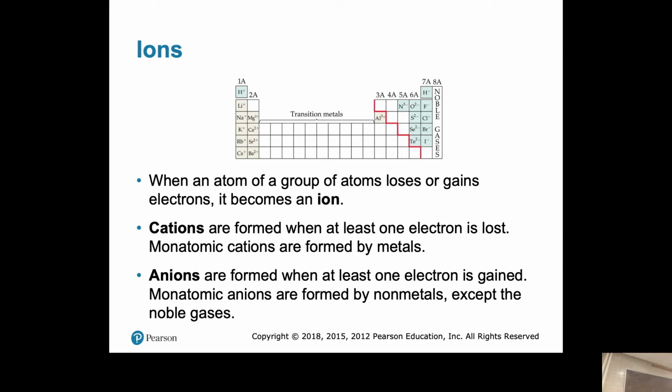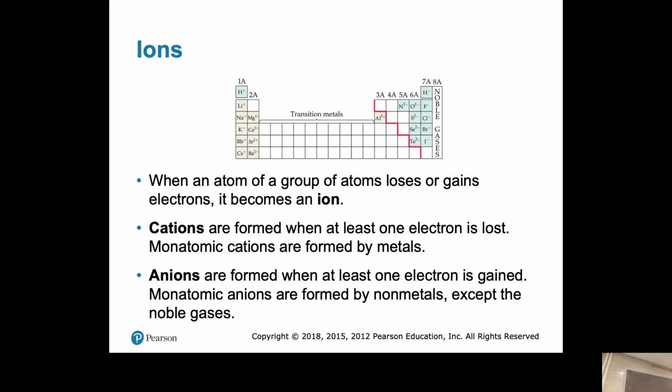I was already telling you about this before, because I like to skip ahead for some reason. The group number tells you how many electrons there are in the valence shell, the outer shell of electrons. It also tells you what kind of charge it has, which then tells you what ion it is.